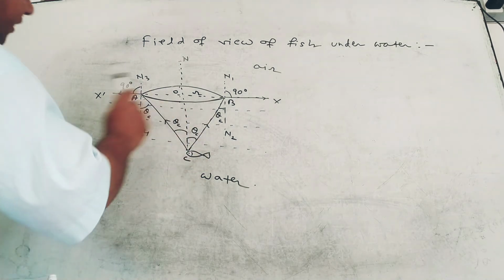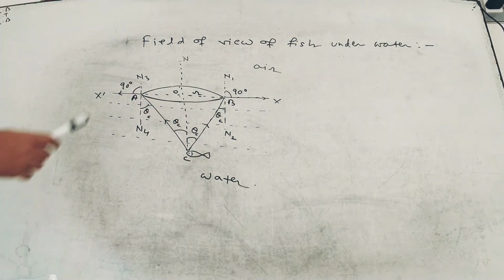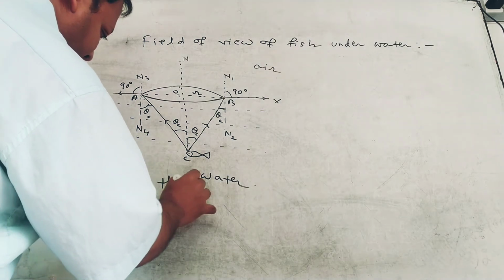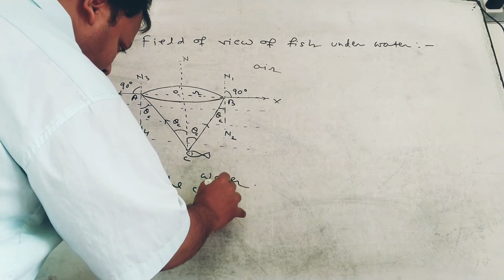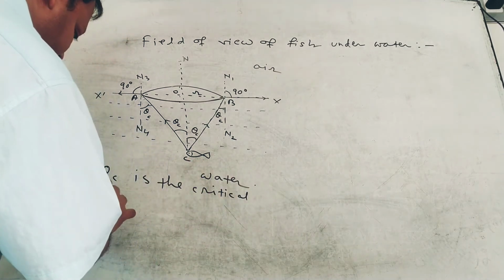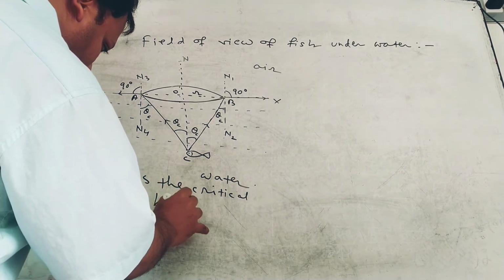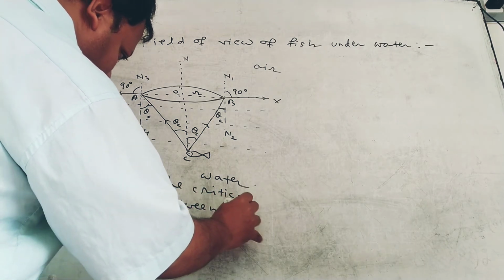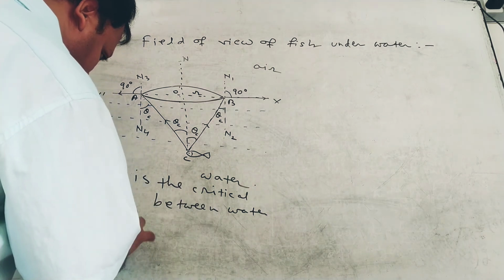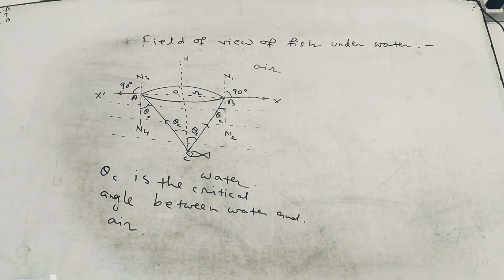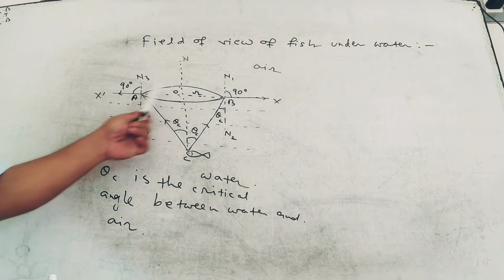Here theta C is the critical angle between water and air. O is the midpoint of AB.